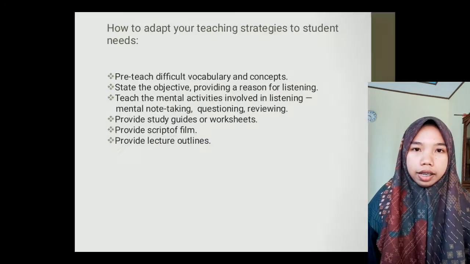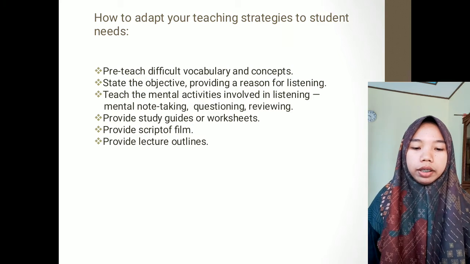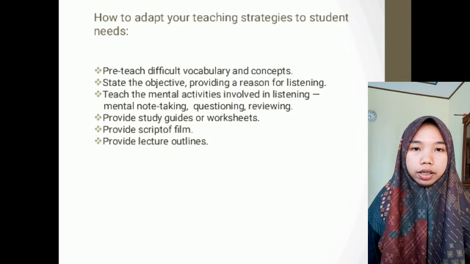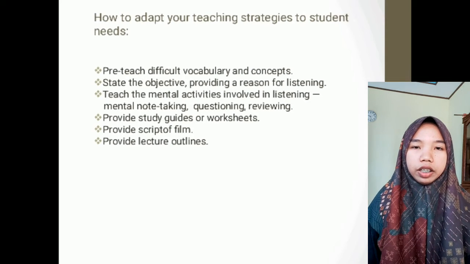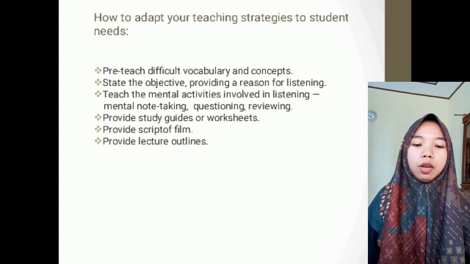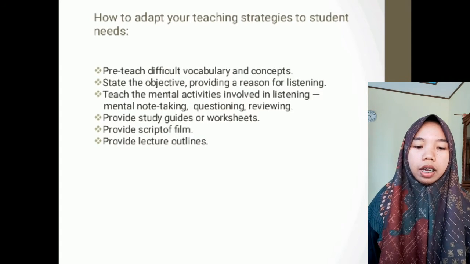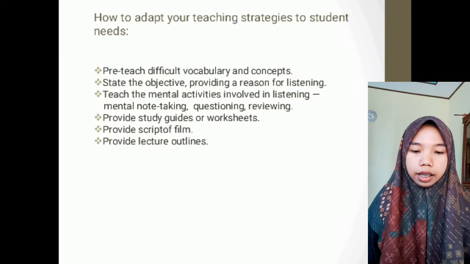And the next is, how to adapt your teaching strategy to students' needs. The first is pre-teach difficult vocabulary and concepts. The next stage is providing reasons for listening.